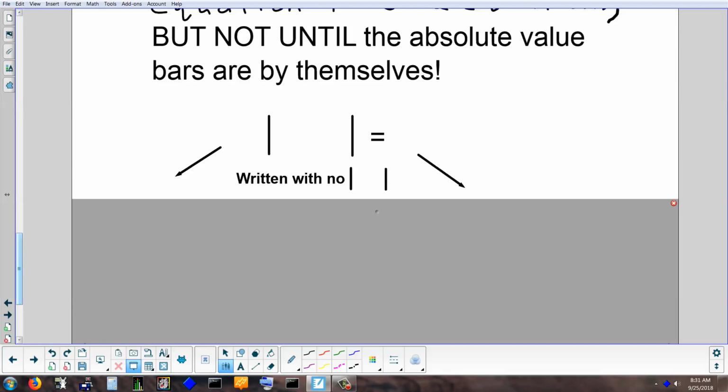So when you split it, make sure, right below your little bars there, that once you split it, it's going to be written with no more absolute value bars. You'll take what's here, you're going to have two problems now. All right, and I'll explain what they're going to look like in a second. But again, when you have them, there's no more absolute value bars. So you may want to write that right there, written with no absolute value.